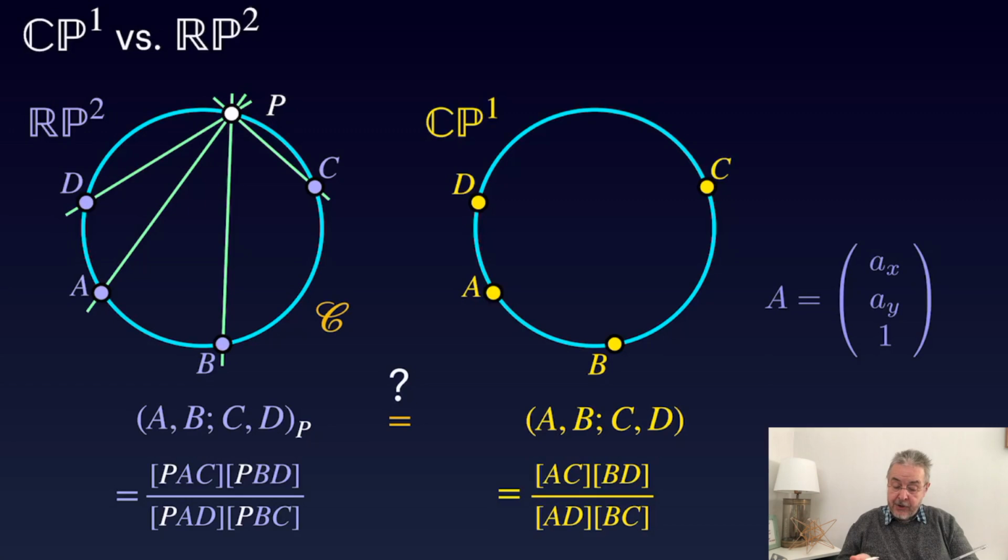And now we introduce coordinates, and I do that in the standard embedding. I will say a word about the standard embedding in a moment. So let's assume that our point A here has somehow coordinates ax and ay in the usual R² plane, and that we have the standard embedding in the projective plane.